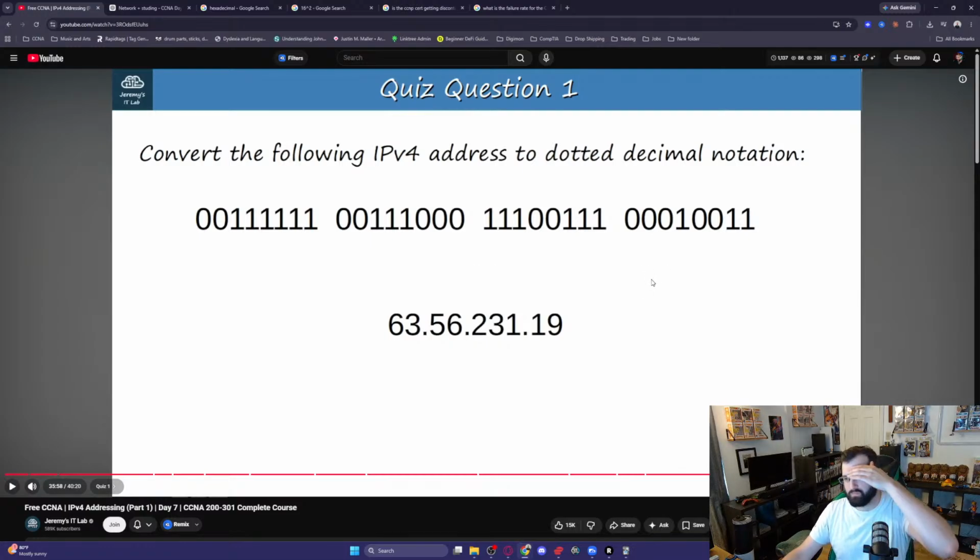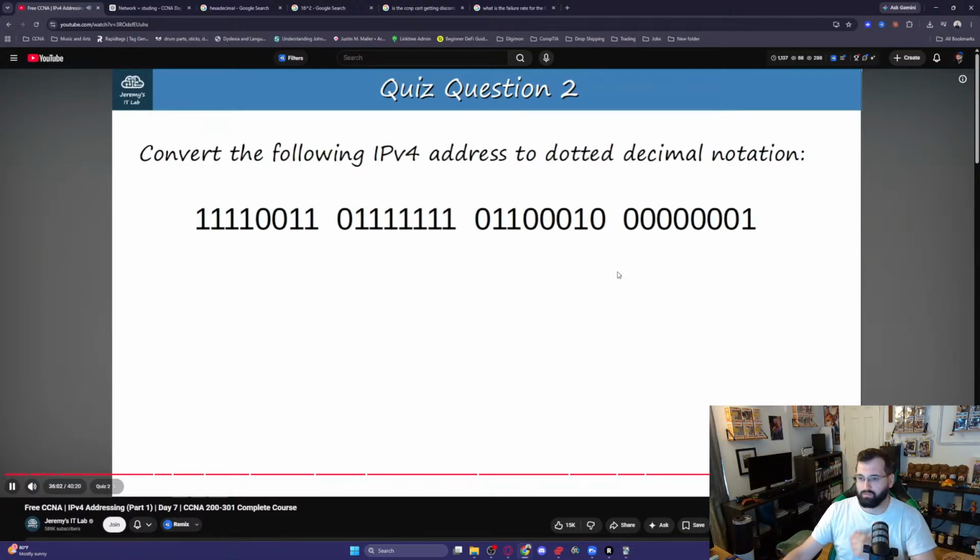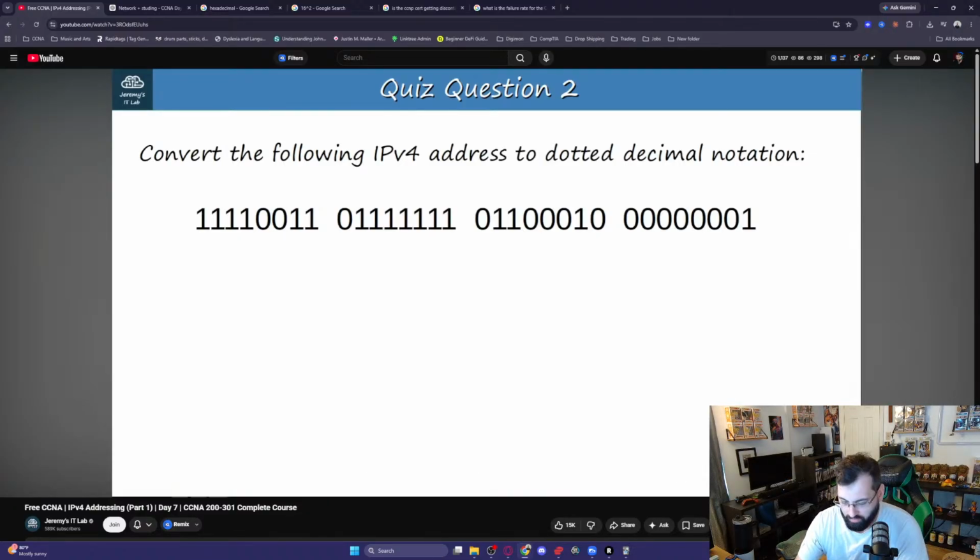Okay. Let's go to question 2. Convert the following IPv4 address to dotted decimal notation. Pause the video to... Okay, obviously that's 1. We're going to use the calculator instead of using my brain because it has been proven to be wrong. Okay, so you're 128.